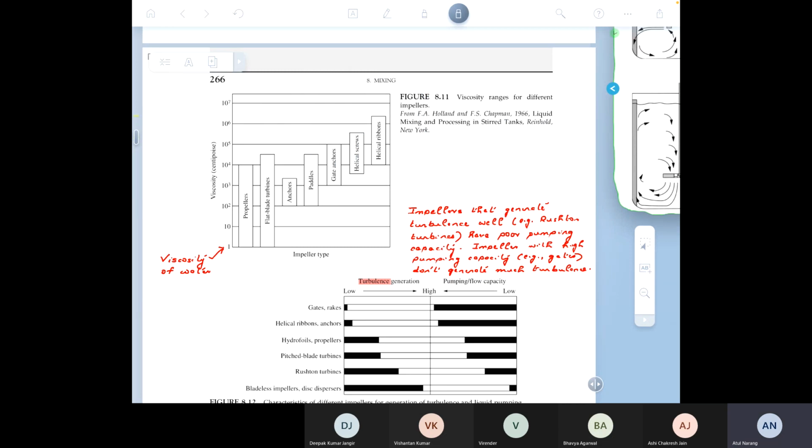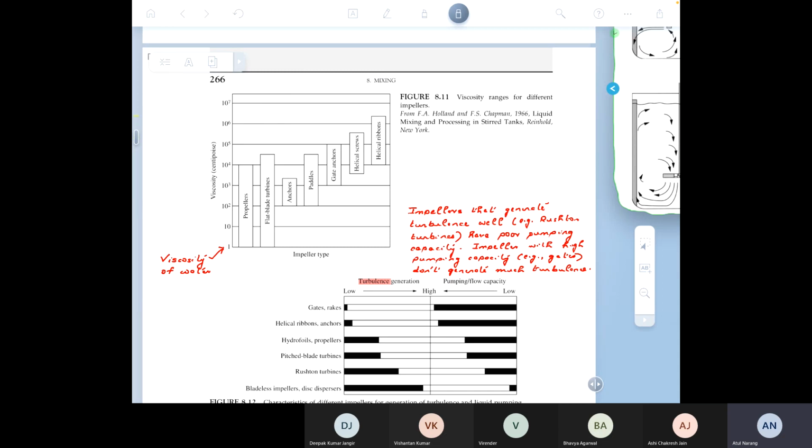The figure on top is showing you the ranges of the viscosities in which the various propellers are used. Right at the bottom, the viscosity is 1 centipoise, and then it's a log scale. You have 10, 10 squared, 10 cubed, 10 to the power 4, and so on. The viscosity is going up in multiples of 10.